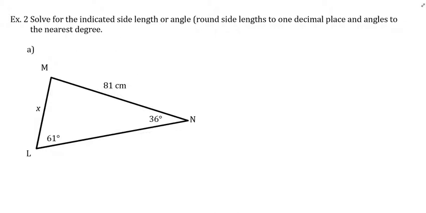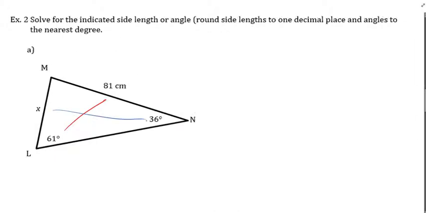So remember what I told you at the very beginning, that the key is knowing which side lengths and angles are across from each other. I'm given 3 pieces of information. I'm asked to find x, which is across from one of the angles. And I've got a side length and angle across from each other. So sine law, and there's a couple of kinds of questions that are a little bit trickier.